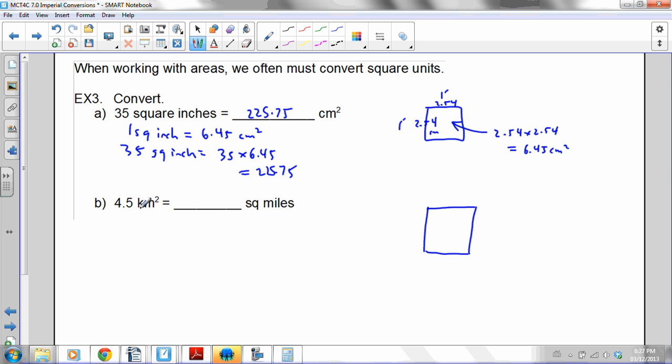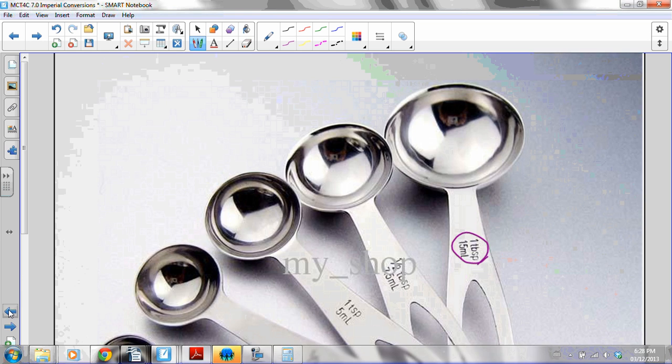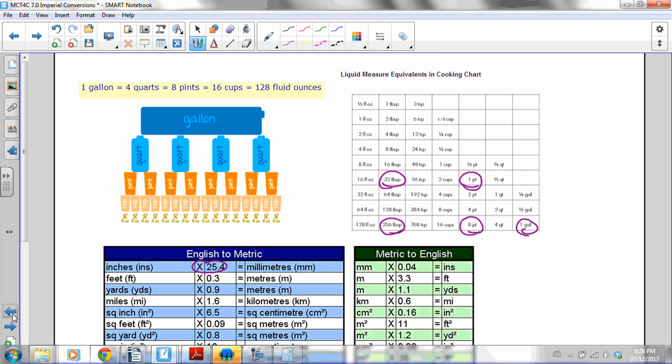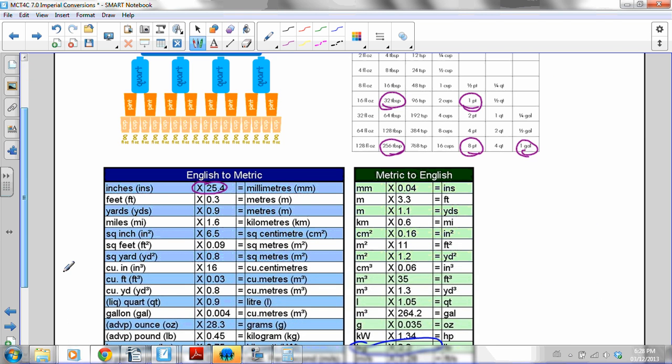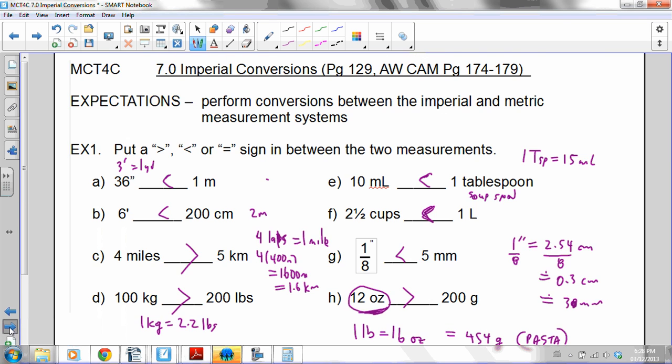Similarly, kilometers and square miles, right? This would be the area of a farm or something like that. So if this is a kilometer and this is a kilometer, 1 kilometer squared is how many square miles? Well, we need a conversion factor, don't we? Well, let's go back and get a conversion factor from kilometers to miles. A kilometer is 0.6 miles.